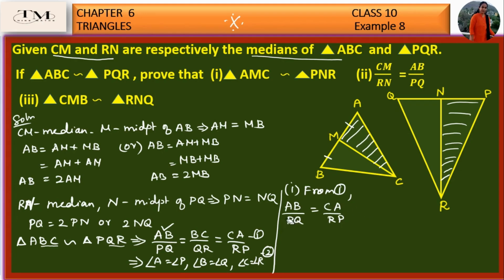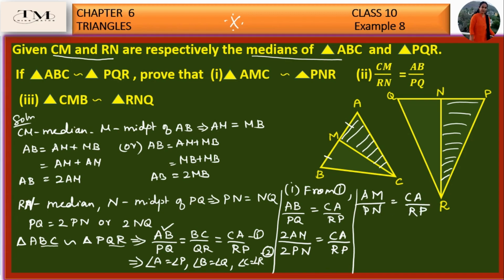Already from the median we have AB is equal to 2 times AM. I am going to use AM because AM is present in this triangle. PQ is nothing but 2 times PN because N is the midpoint. So 2 times PN is equal to CA by RP. The 2 gets cancelled, so we get AM by PN equal to CA by RP.